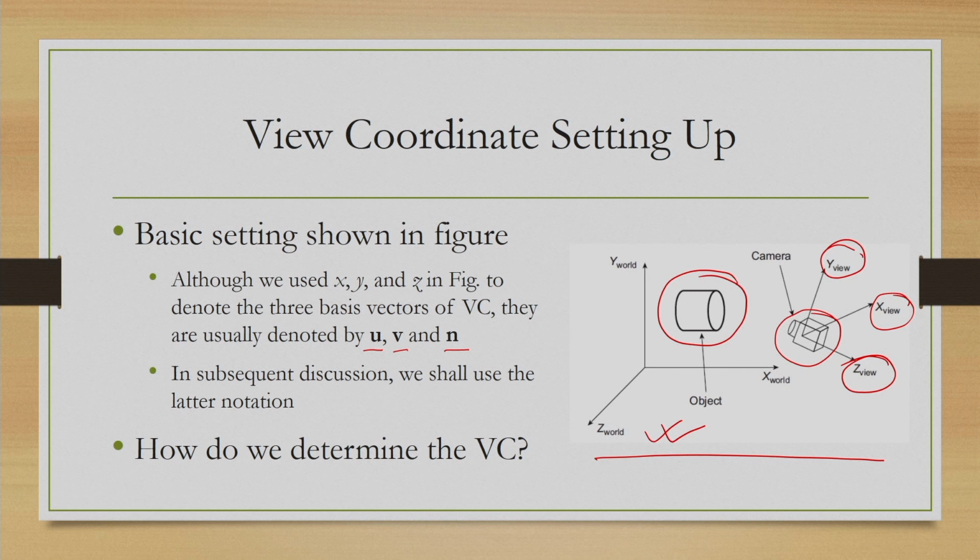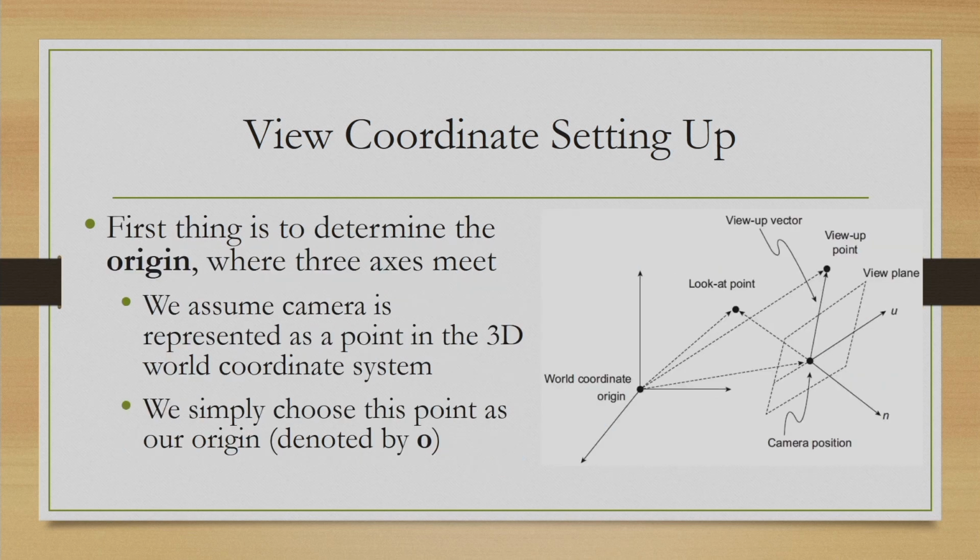So, the question is, how do we determine these principal axes which define the viewing coordinate system? You may note here that n corresponds to z, v corresponds to y and u corresponds to x. So, let us try to understand how we can determine the three principal axes to define the view coordinate system.